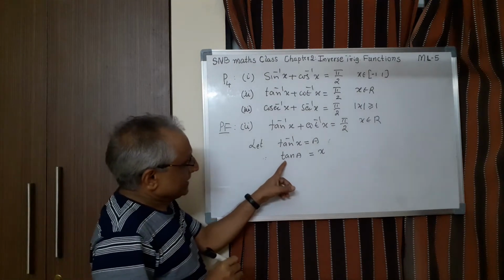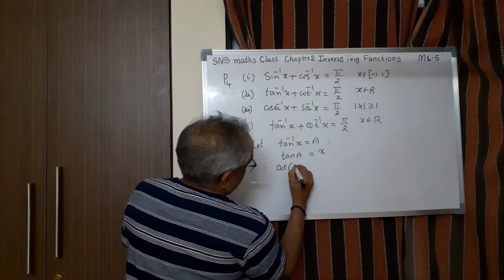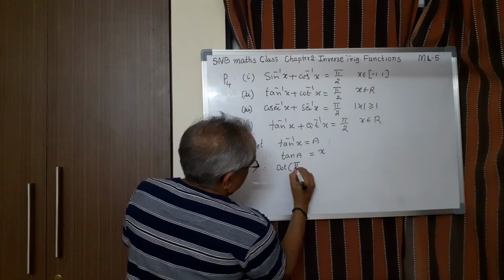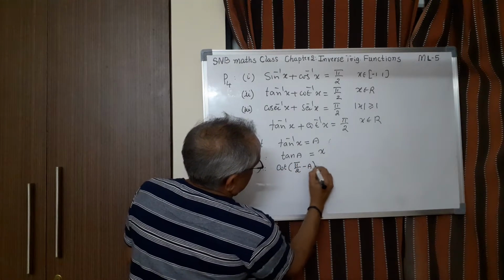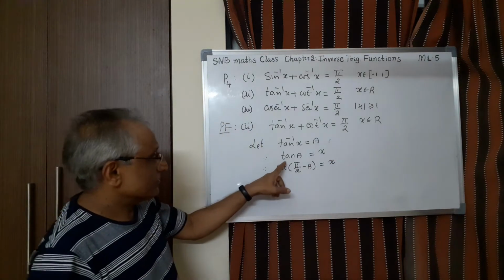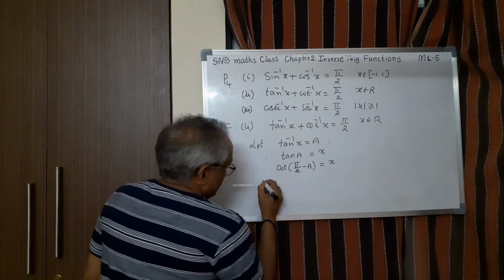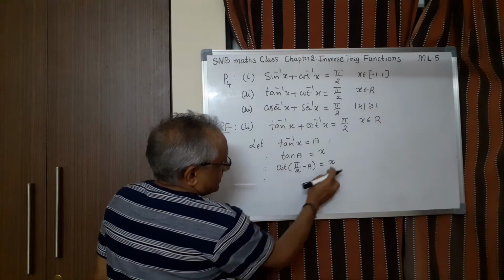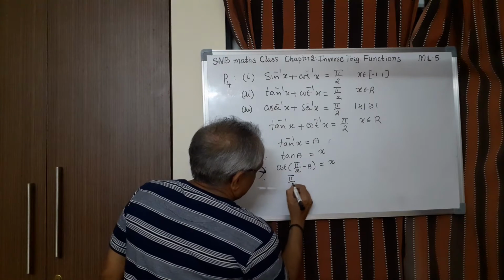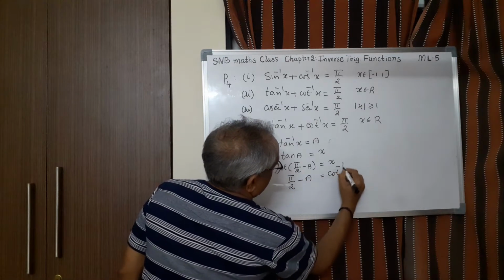Now tan A I can write, therefore, cot of pi by 2 minus A will be equal to x. Because you know that complementary ratio, tan A is same as cot of pi by 2 minus A. Therefore, what you have to do is take cot this side. Therefore, pi by 2 minus A, by definition, must be equal to cot inverse x.